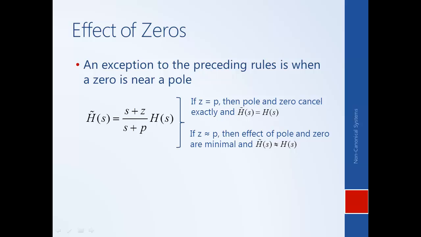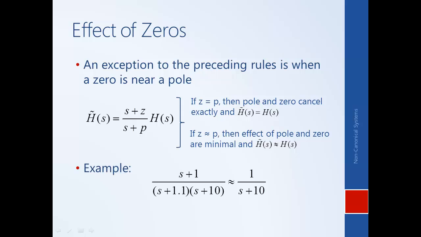Even if z and p aren't at the exact same location, if they're close to one another, then they approximately cancel. So the effect of that pole and the effect of that zero are sort of canceled out. For example, let's say that we have this transfer function where we have a 0 at -1 and a pole at -1.1.